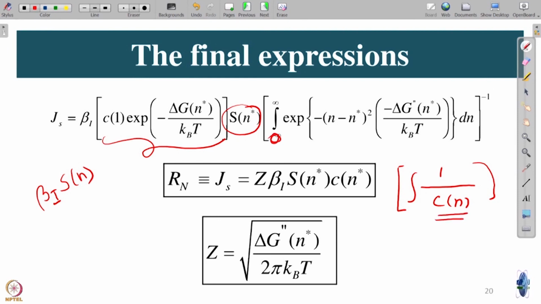Then I write C n, the minus 1 is there, C n is C n equilibrium, then e to the power, I say okay, I want population here.